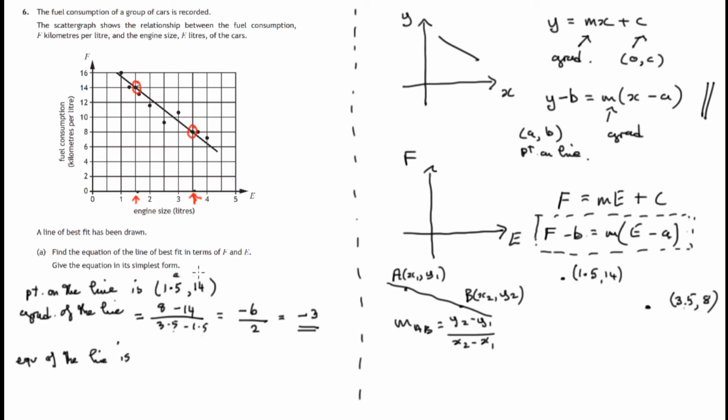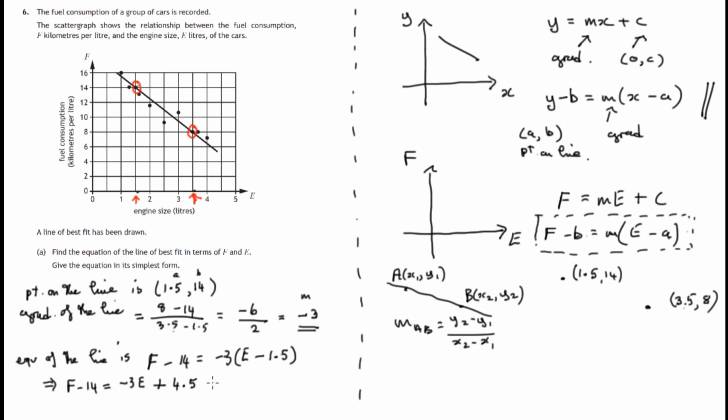So it's f minus 14 equals the gradient, negative 3, times (e minus 1.5). So we have to simplify this. F minus 14, let's multiply out the brackets first. We've got negative 3 times the e, and then negative 3 times negative 1.5 will be positive. 3 lots of 1.5 is 4.5.